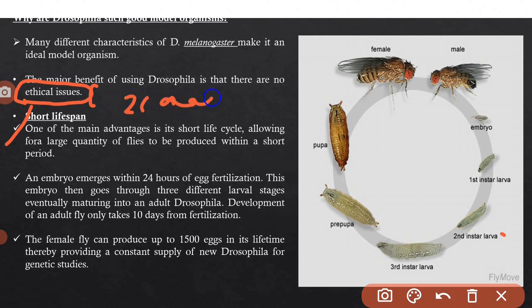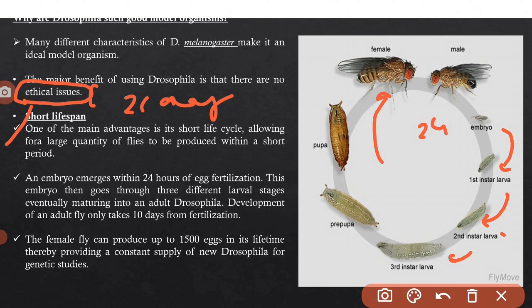Next, when the egg is formed, within 24 hours the embryo emerges, and then the embryo develops into the first instar larva, then the second instar larva, then the third instar larva, pupa, and the adult insect. This developmental phase takes only 10 days from fertilization.